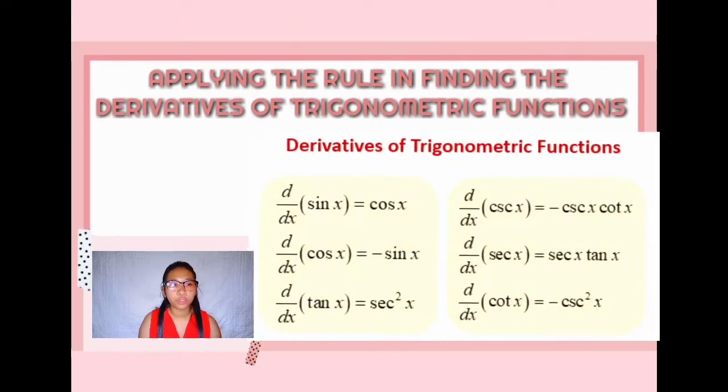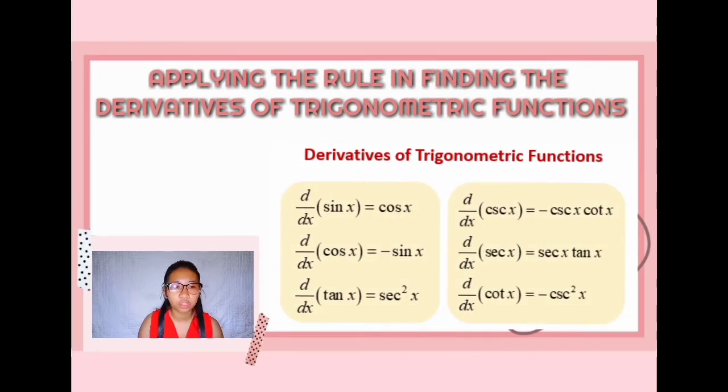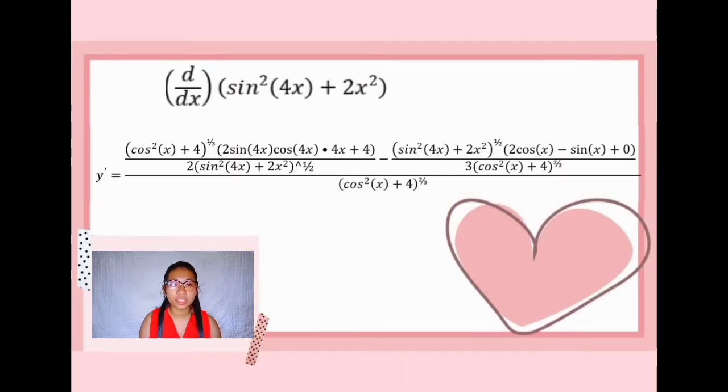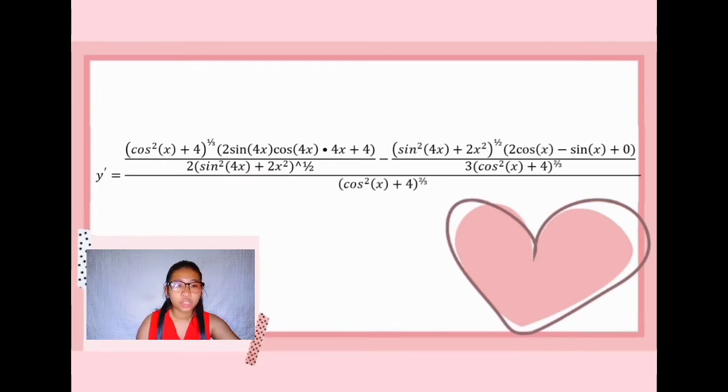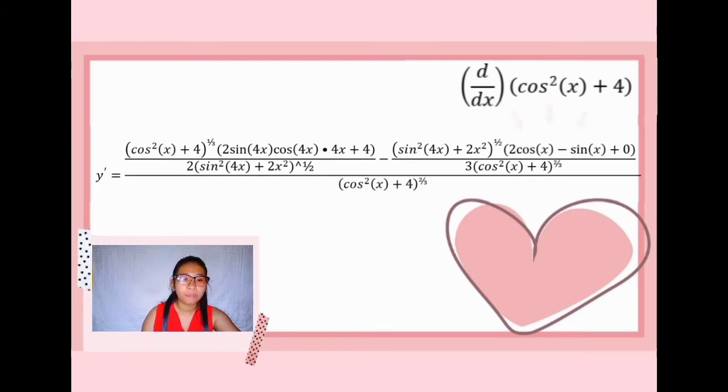Now, we will apply the rules in finding the derivatives of trigonometric function. So, the derivative of sine squared 4x plus 2x squared is 2 sine of 4x cosine 4x times 4x plus 4. And let's put in the denominator the equation that has a negative power to make it positive. And just do the same on the other side and copy the rest of the equation. Apply the rule in finding the derivative of trigonometric functions. So the derivative of cosine squared x plus 4 is 2 cosine x times negative sine x plus 0.